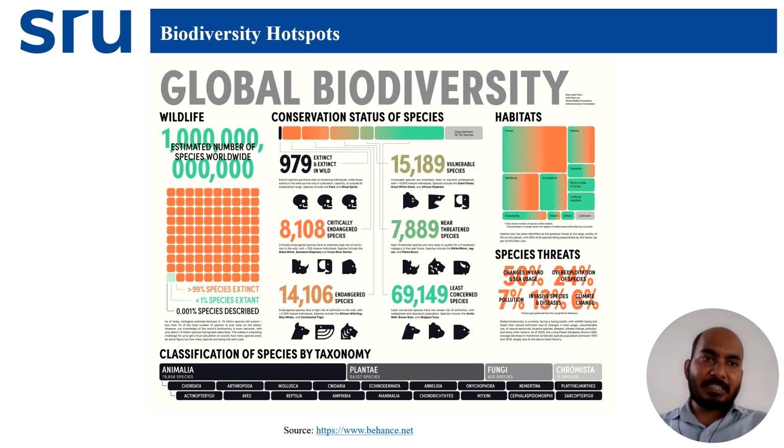You can see from this figure global biodiversity in terms of wildlife, conservation status of species, habitats, and species threats. You can also see at the bottom the classification of species by taxonomy, like animals, plants, fungi, etc. These hotspots are extremely important because many species found there do not exist anywhere else.